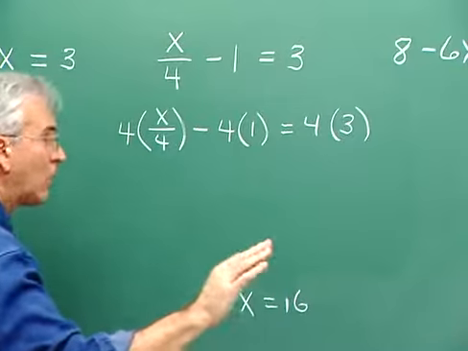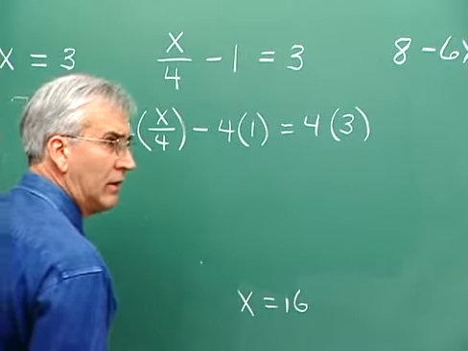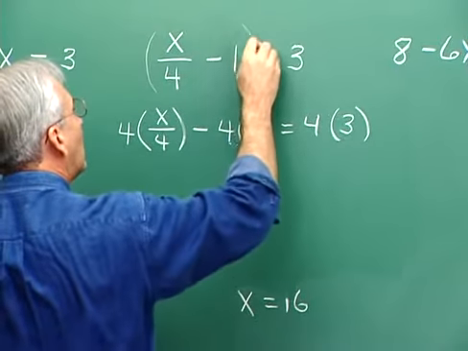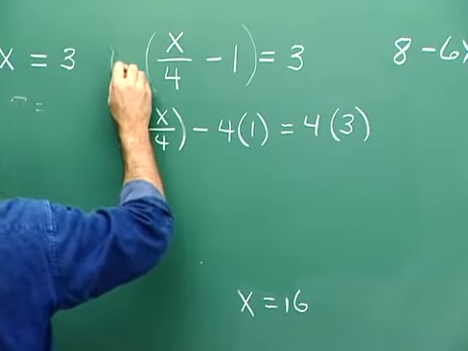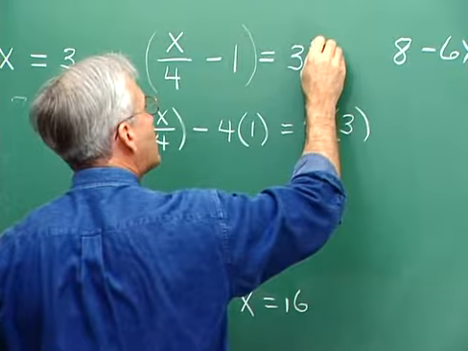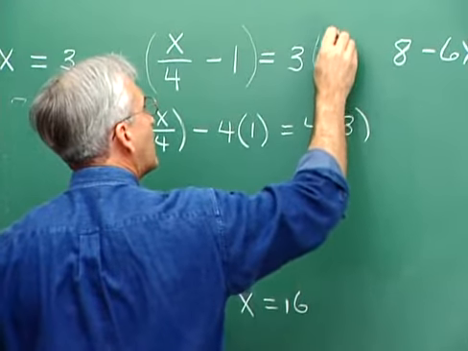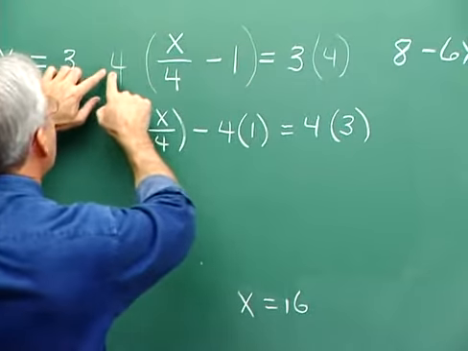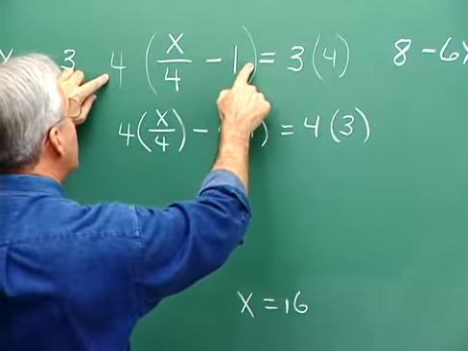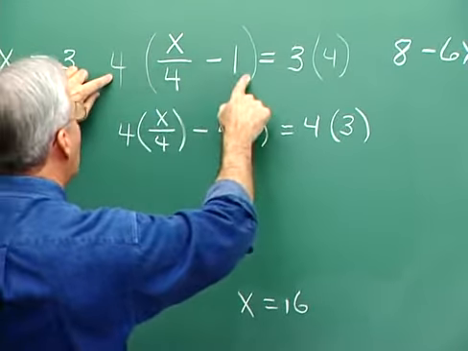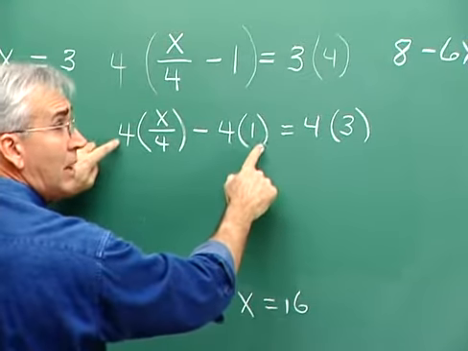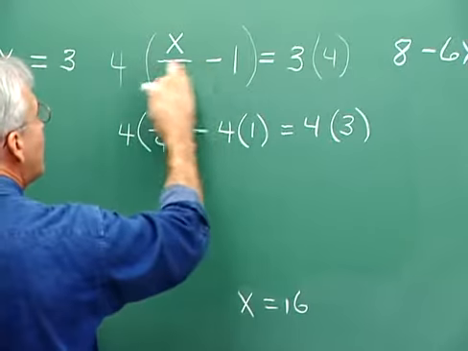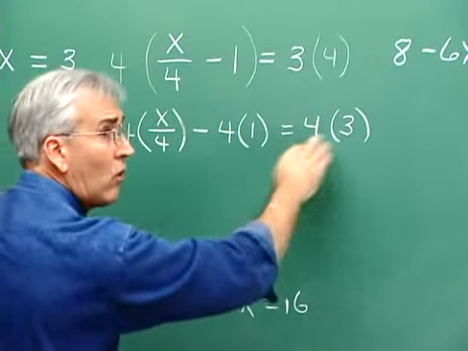Now, understand, what I'm really doing here is multiplying 4 times the left side and 4 times the right side. And 4 times 3 on the right, that's trivial, but this is important. It's 4 times each of these, and I'm distributing the 4 by doing this. By writing this step, this gives me the reason that I can write all of this down.